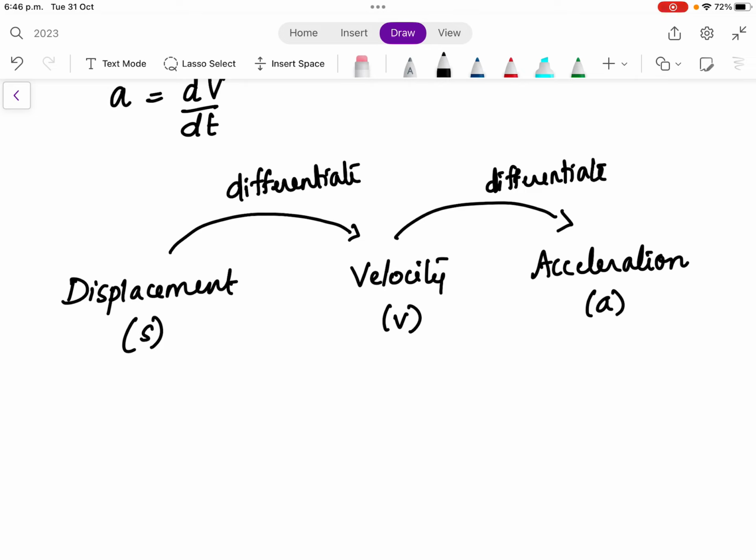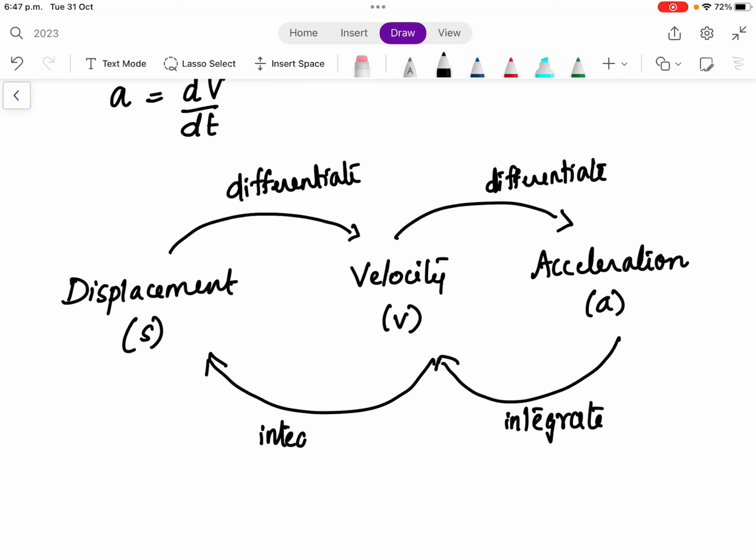Now coming back, if you integrate acceleration, you will get velocity, and if you integrate velocity, you get displacement. All this has to be done with respect to time.